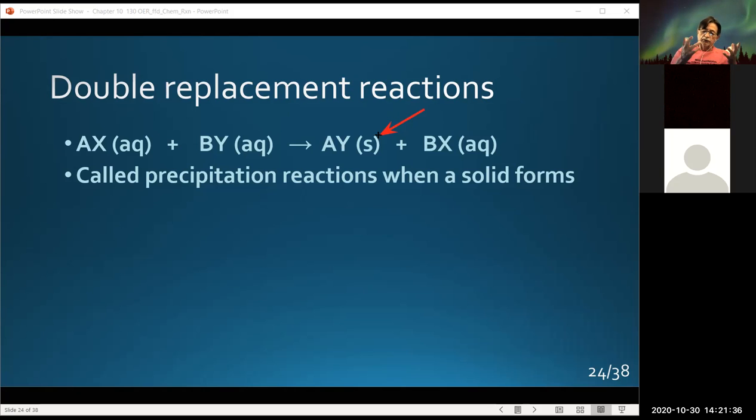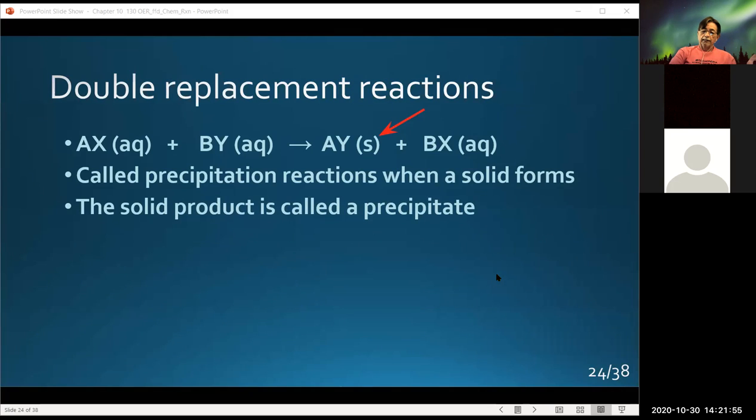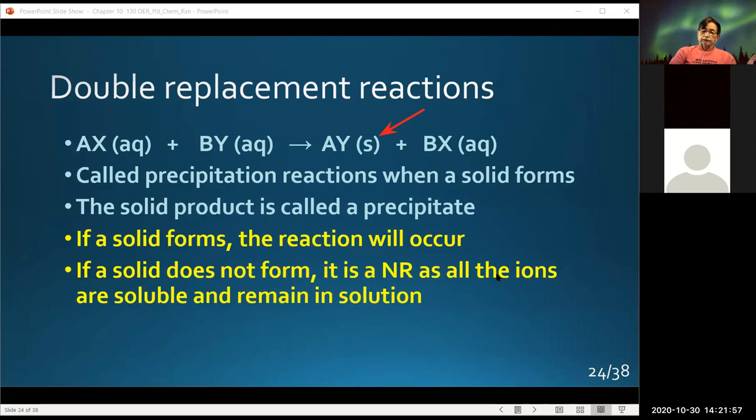So they will settle. So what do you normally do? You shake it up to form an emulsion and mix things up a little bit, and then you drink it. Okay, so that's what they're talking about, a precipitate. A solid forms when it's insoluble.